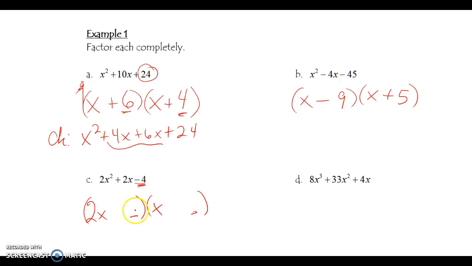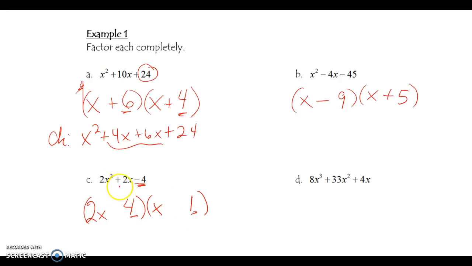So this time, let's see if I try 4 here and 1 here. So that would give us 2x squared, 2 and 4. I could get 2 from that. And I need a negative 4 when I multiply the last terms. So I know that one of them's got to be positive, one's got to be negative.